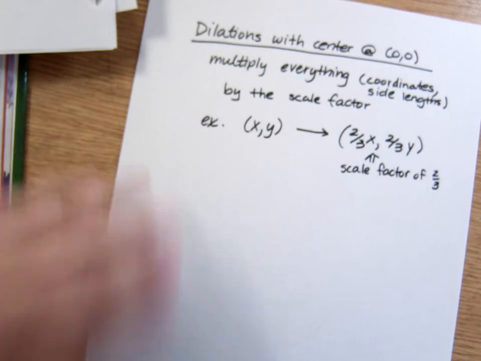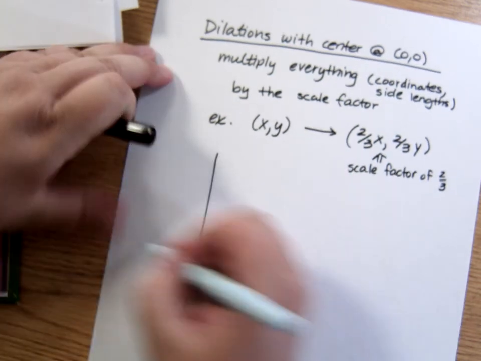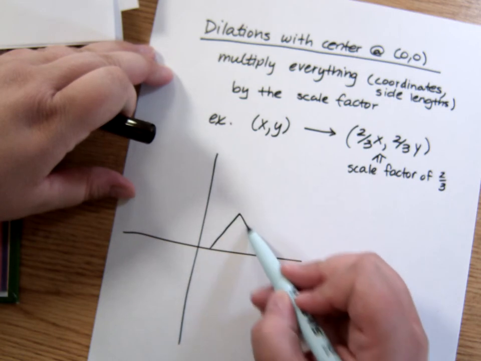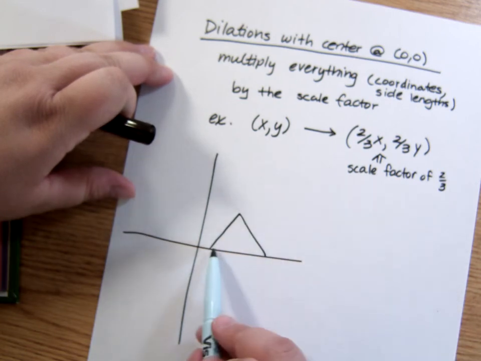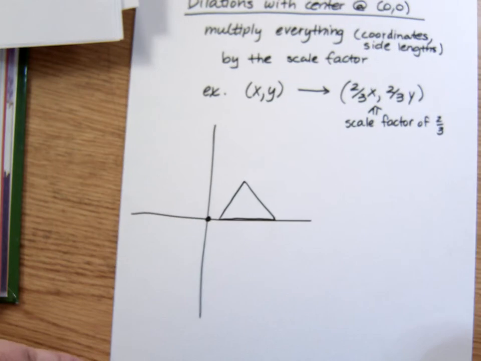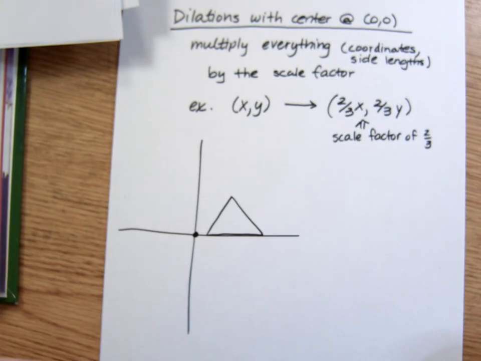For instance, let's say I had a triangle right here, and I said I'm going to dilate this triangle by a scale factor of 2.